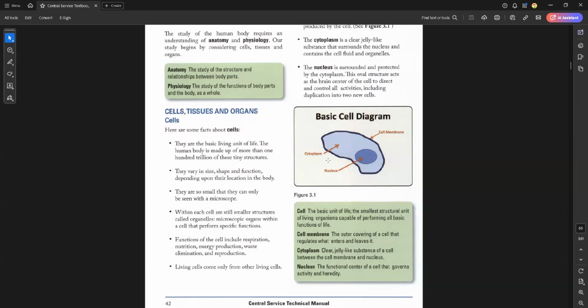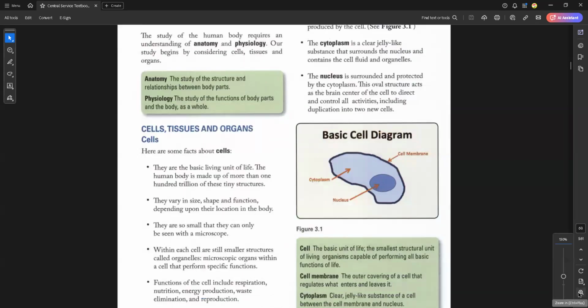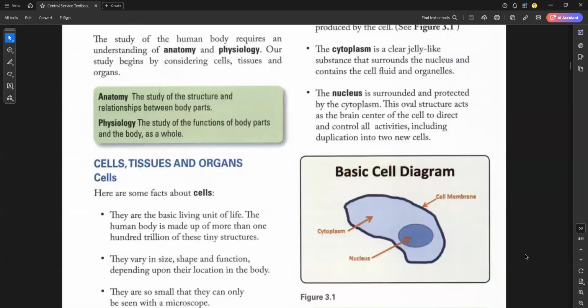Now, there is something over here. They are the basic unit of life. The human body is made up of more than 100 trillion. I said that already. I remember in August last year, I was teaching a class in upstate New York, in Ithaca. And there was one lady in my class who was pregnant.